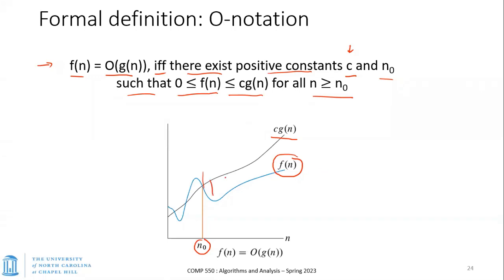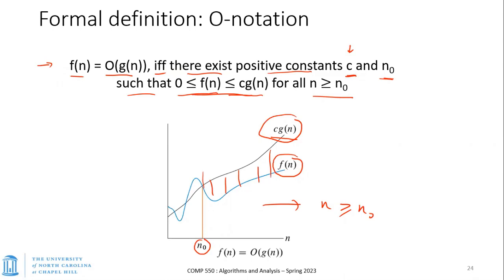If you can find these constants c and n naught to satisfy the condition, then you can say that f of n is big O of g of n. Okay, so that's one formal definition.